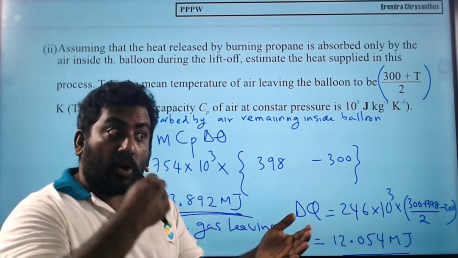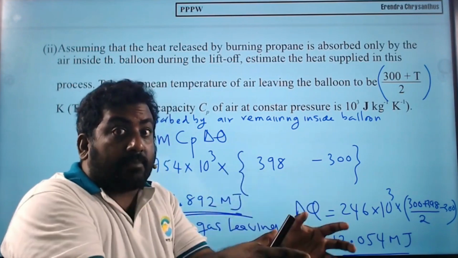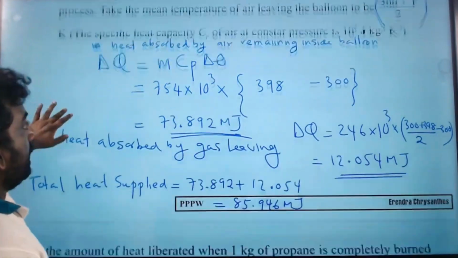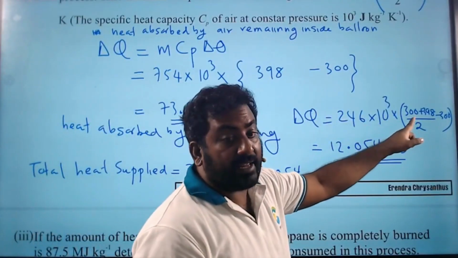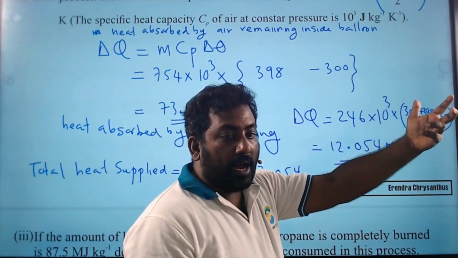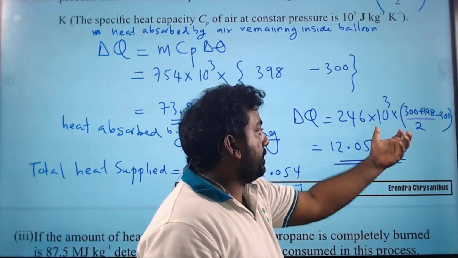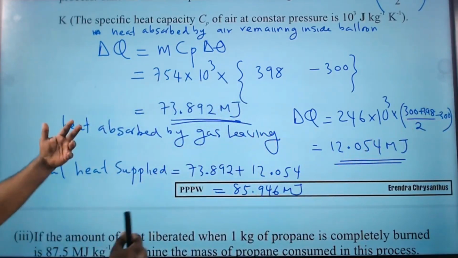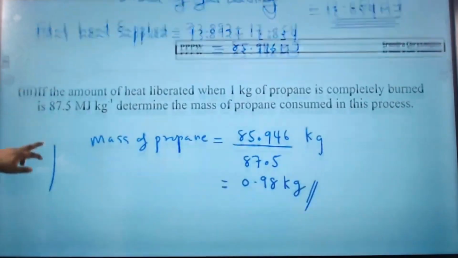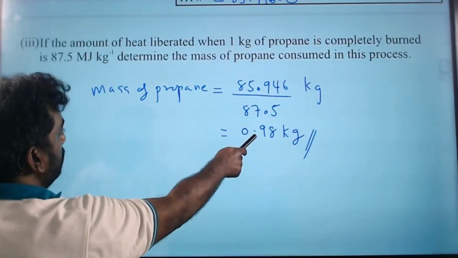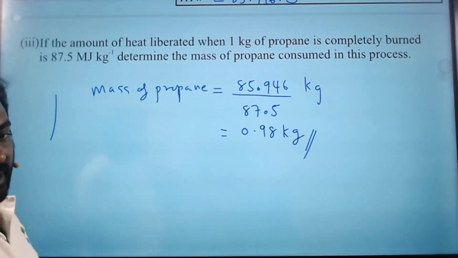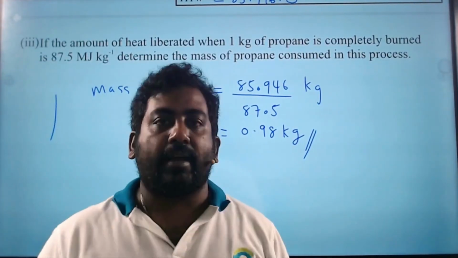Heat is being absorbed by the gas going out and the gas remaining both. So, gas remaining directly you can find. Gas going out, use the average. Initial, final, average. And then addition of both will be the total heat absorbed. And this of course is easy. Per kilogram, how much of propane, joules. From there you can find the required mass. Okay, right.